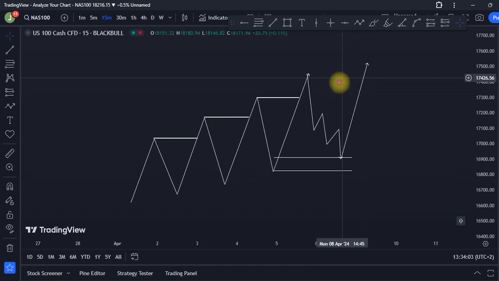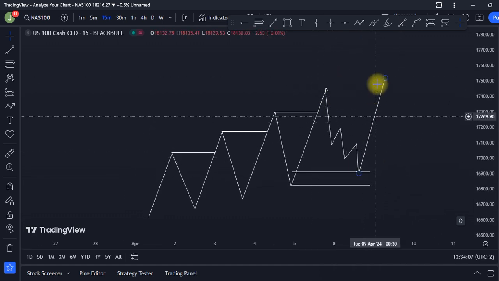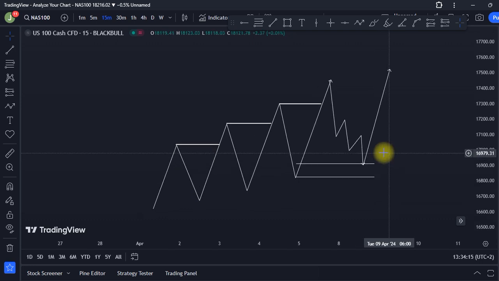They only speed the market up. So instead of this move taking like 5 hours or 4 hours to push to the upside, we know that it's going to happen in like 15 minutes or 30 minutes, something like that.